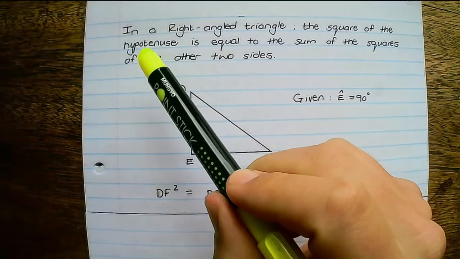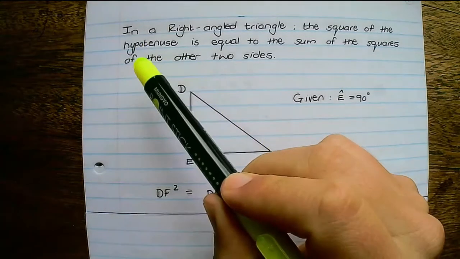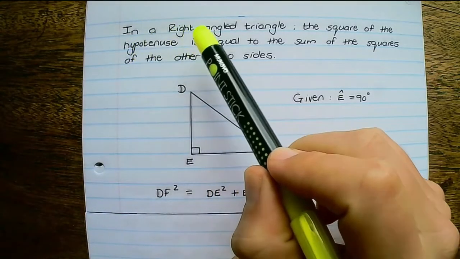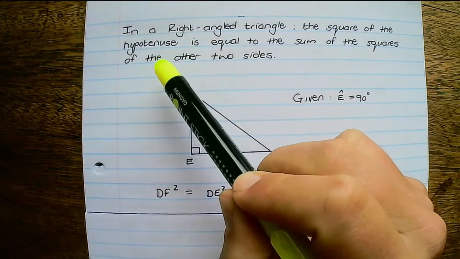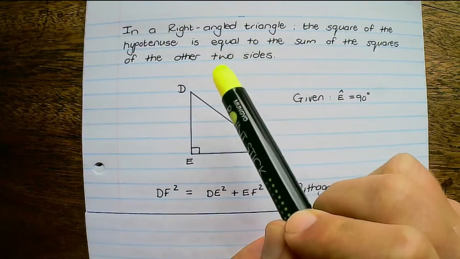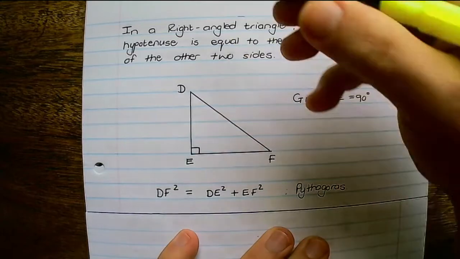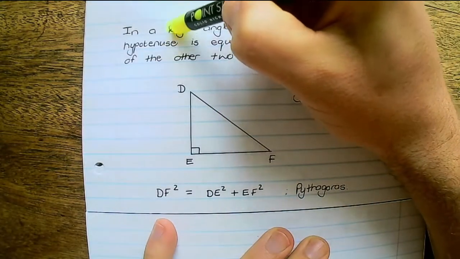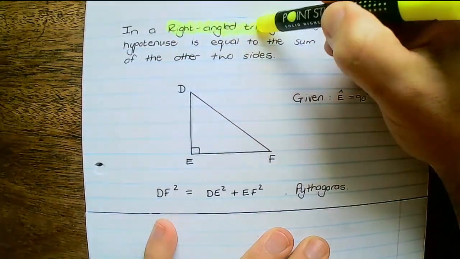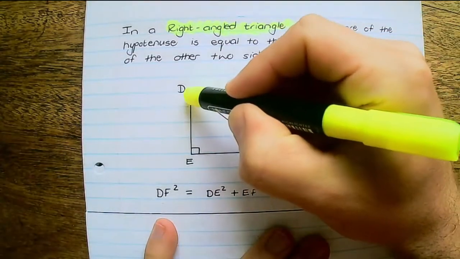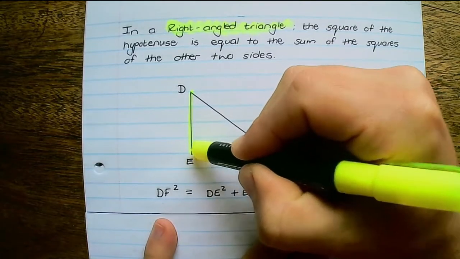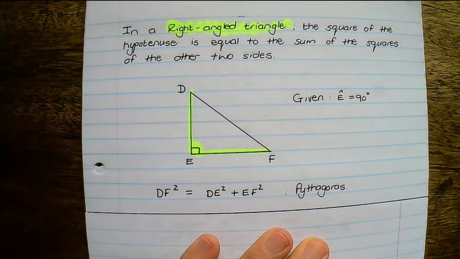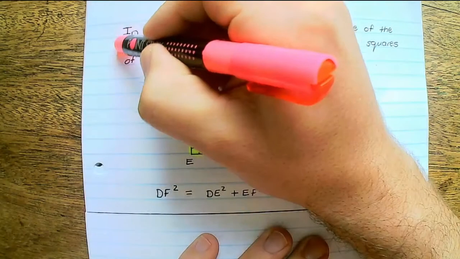Next up, we have a right-angled triangle. It reads, in a right-angled triangle, the square of the hypotenuse is equal to the sum of the squares of the other two sides. The word right-angled triangle means that within this triangle, one of the angles is equal to 90 degrees. Then another word that we see here is hypotenuse.